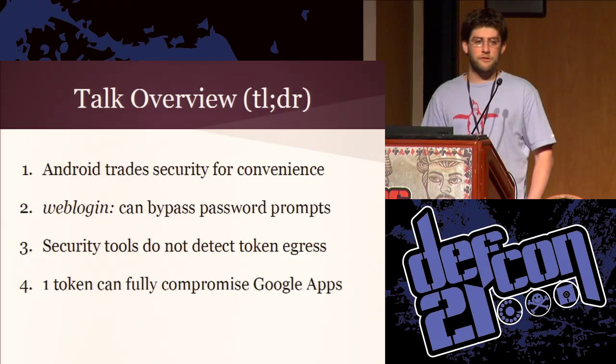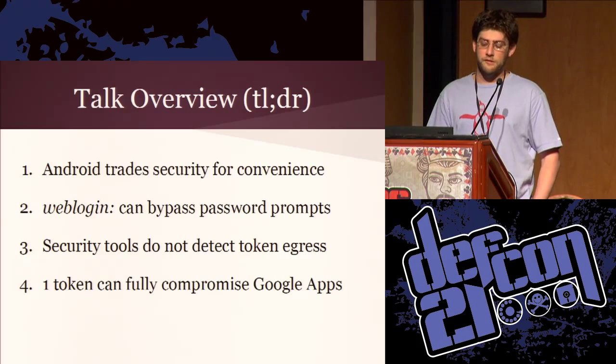So the goal of this talk is raising awareness. I want to raise awareness about the fact that the Android ecosystem has made some compromises of people's security and their privacy in order to give a good user experience. So in order to reduce friction from using Google services, they've introduced these things called WebLogin tokens.